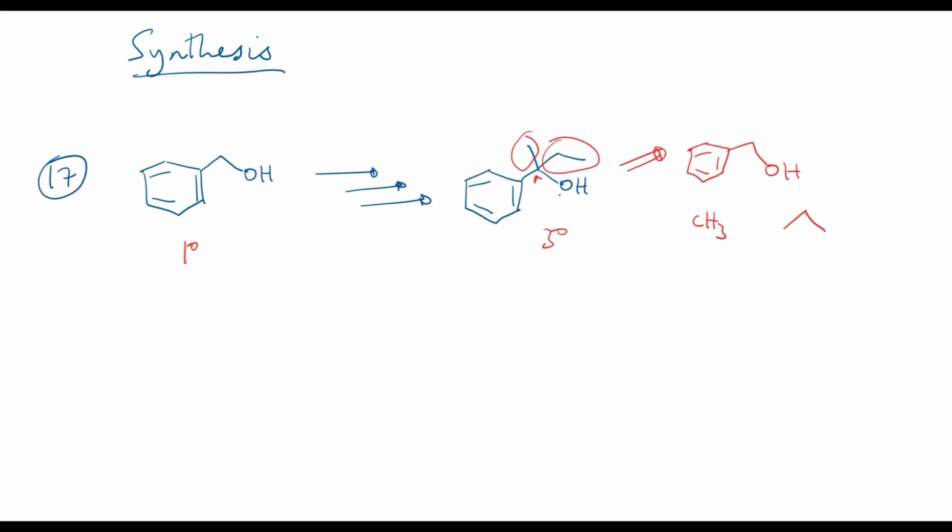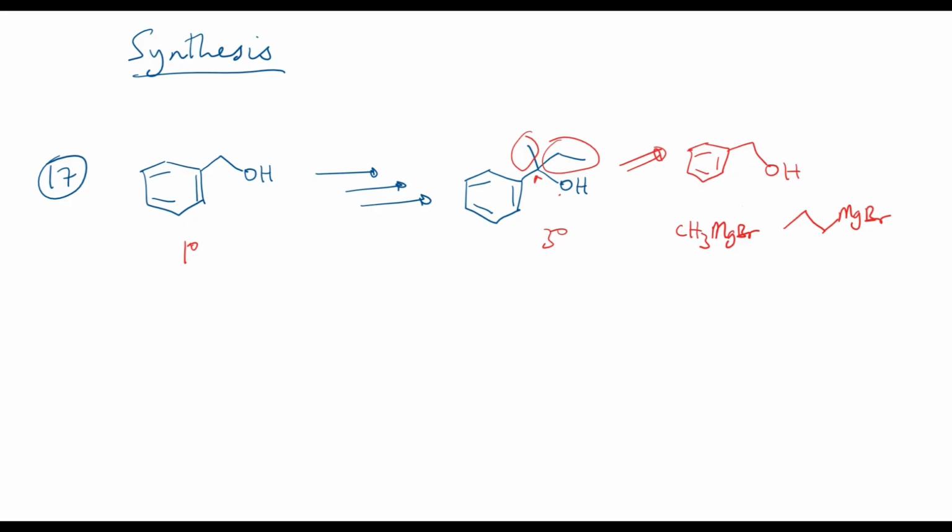And Grignard usually reacts with a carbonyl compound. So that means I need to make these alkyl groups into Grignard reagents. Add magnesium bromide to this carbon and magnesium bromide to the methyl group. So those will be the other starting materials that will be reacting with this alcohol to form the product.